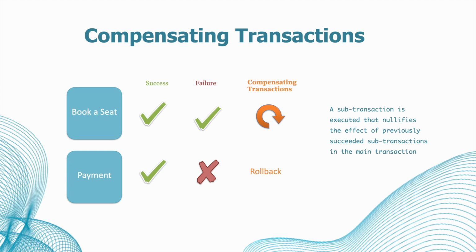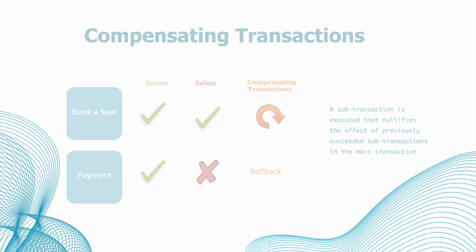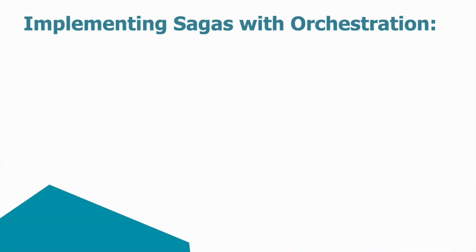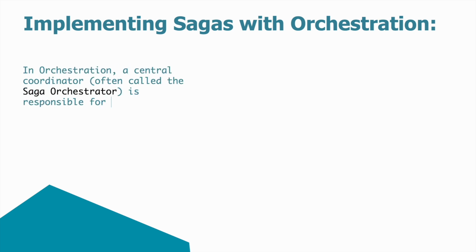Now let's understand how the Saga pattern ensures coordination among transactions. The first option for coordination of microservices is implementing Saga with orchestration. In orchestration, there is a central coordinator service called the Saga orchestrator, which is responsible for managing the entire transaction.